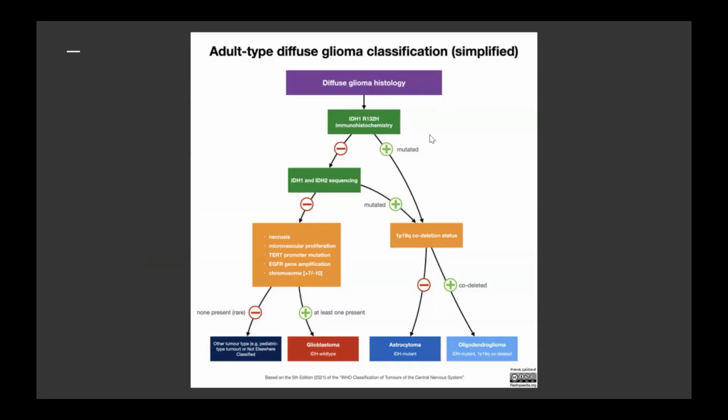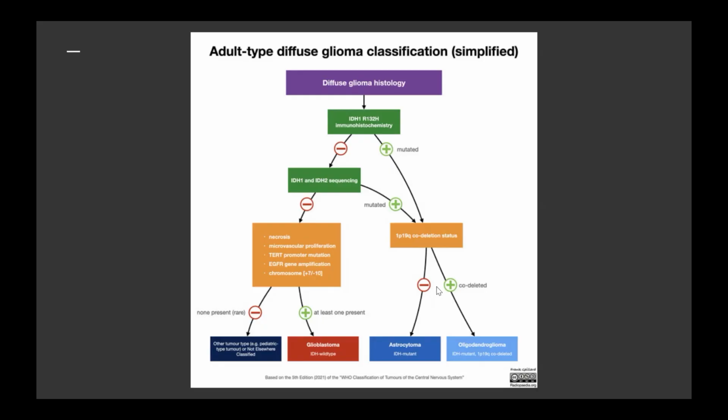So in the tumor group in which IDH mutation, either one or two, is positive, the next test that we need to run is 1p19q co-deletion. If this is positive, this is going to be an oligodendroglioma. If 1p19q co-deletion is not positive, then we are going to check for ATRX expression and TP53 mutations.